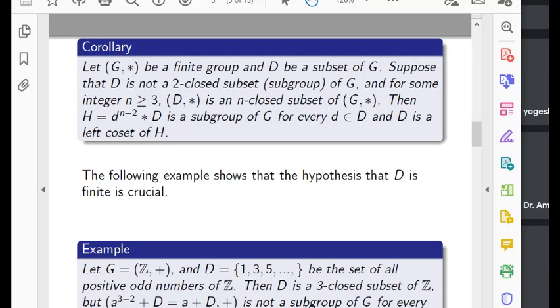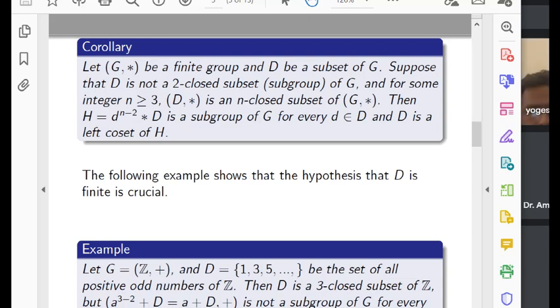The following example shows that the hypothesis D is finite is crucial. Why? If you take the bigger group to be Z, and D to be just the set of odd numbers, then definitely D is 3 closed. So now, if you look at the result, you should have D to the n minus 2 star D to be a subgroup.